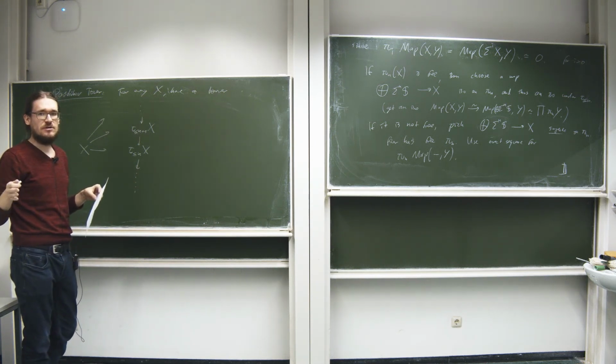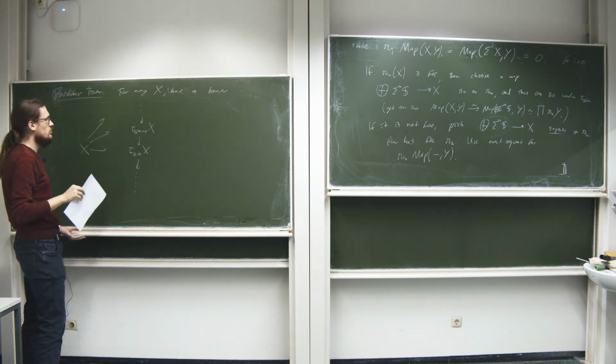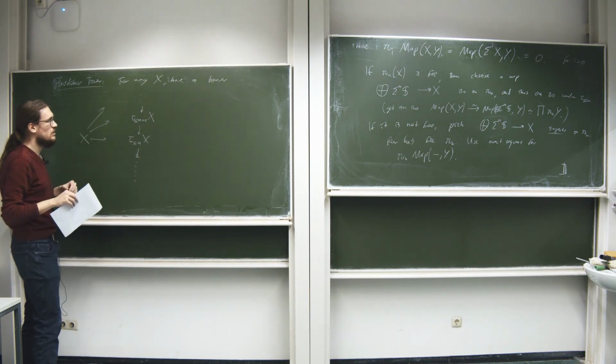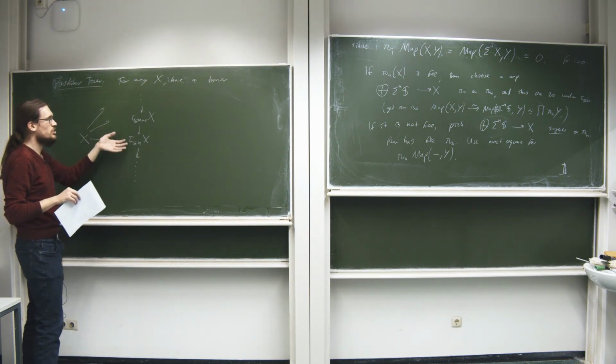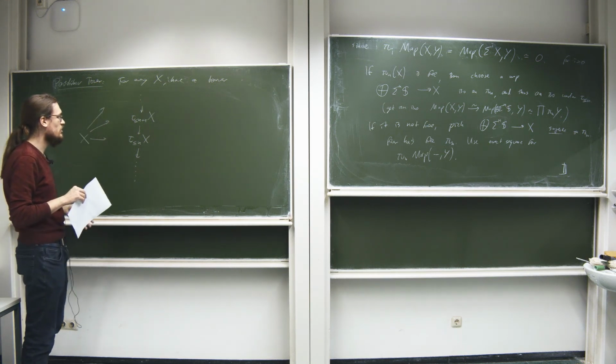That uses a little bit on homotopy groups of the limit of spectra, which I'm not going to discuss right now, but it turns out you can check that the limit has the same homotopy groups as X and the map is an equivalence.